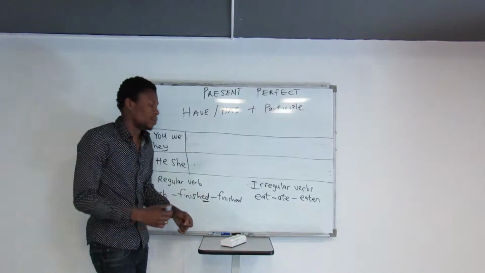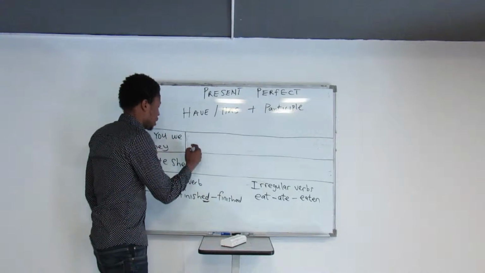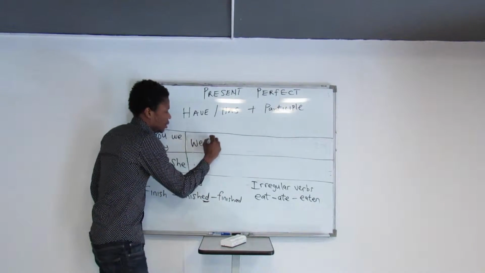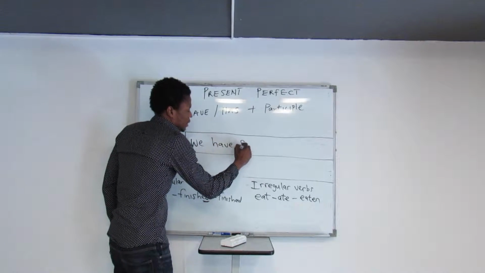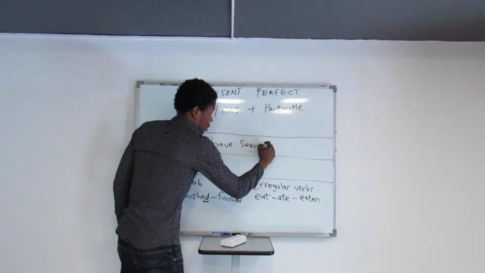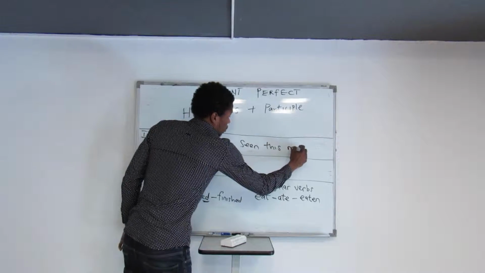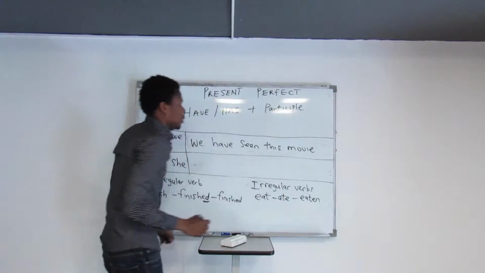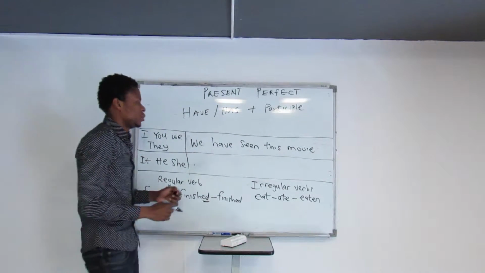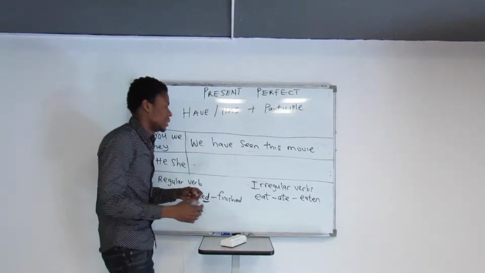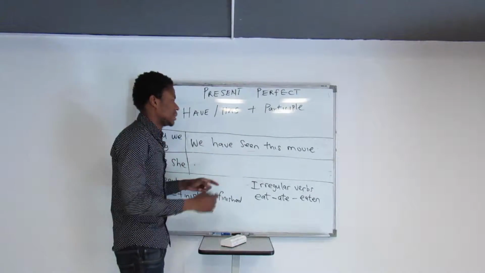Now, let's look at some examples with irregular verbs. For example, we have seen this movie. If we look at this example, just like the one we talked about with painted, this is an irregular verb, which is see.